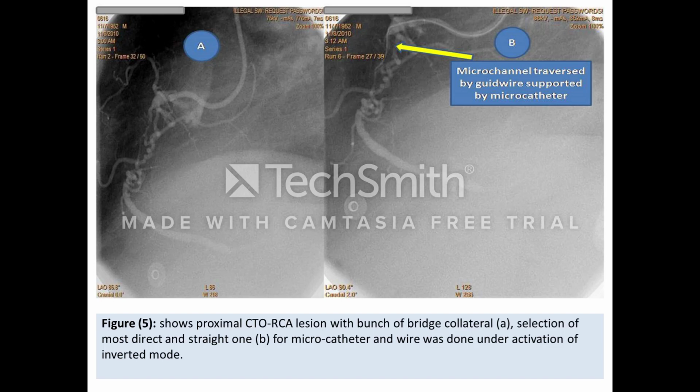In the second view, as we see here, we selected this microchannel, which was very sizable, and its course is clearly seen from its beginning to the distal, behind the distal cap. So the microchannel was traversed by a guide wire supported by a microcatheter, and the procedure was finished.